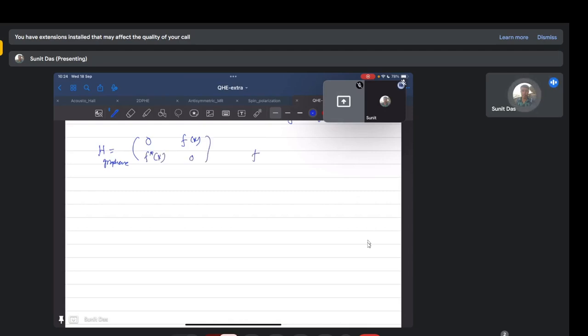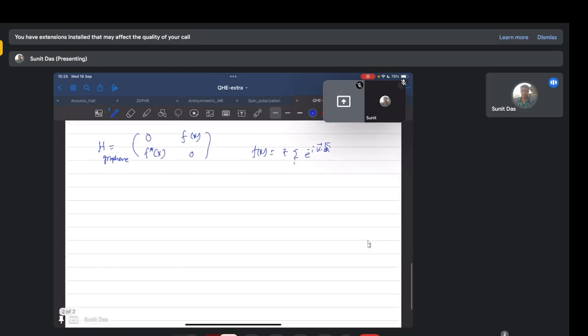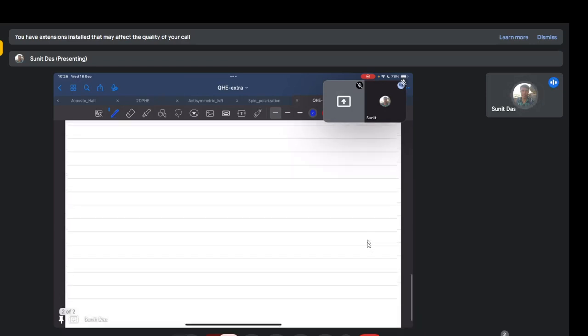And f of k was given by t, sum over i of e to the power i k dot delta_i, where delta_i are the nearest neighbor hopping vectors. Now this Hamiltonian is actually a spin degenerate Hamiltonian. In reality, all the electrons can have both spin up and down.